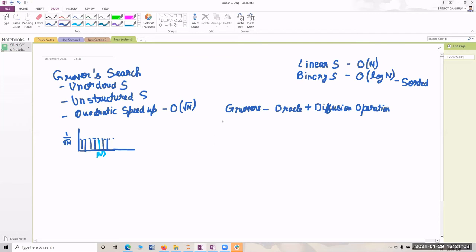Now, what happens if you make the oracle a phase oracle. That means it flips the phase of the marked items. That means the W item. So if you apply the oracle U of F, its operation is to flip the marked item.